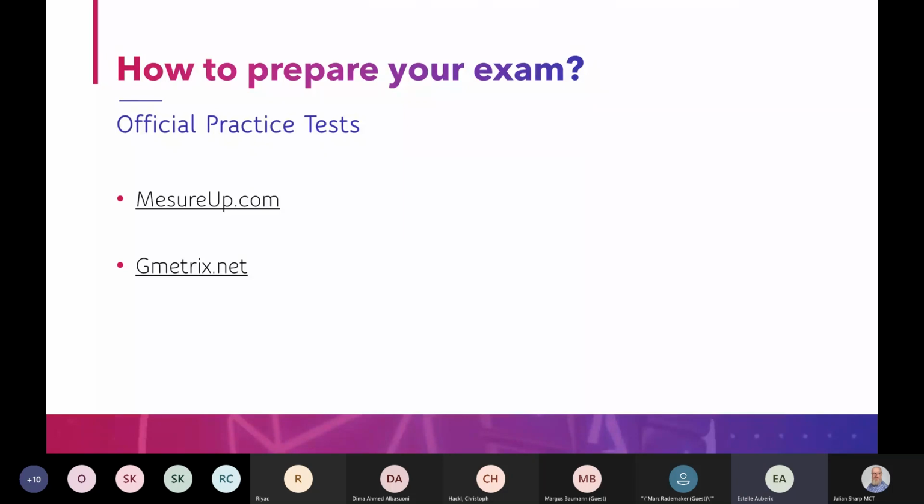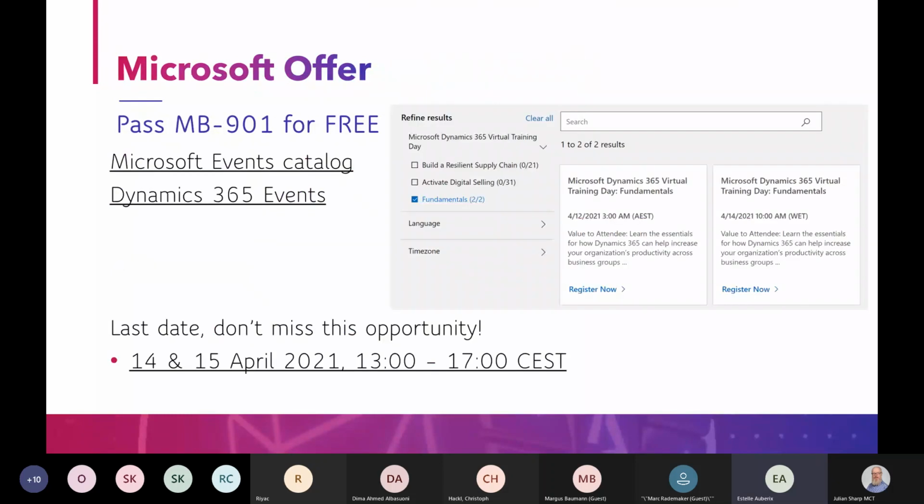Even if you have all correct answers for that 60%, that's not enough to pass the exam. You need to have 70%. So that means that you need to learn, and it's also luck if you have the whole right answer for the 60%.